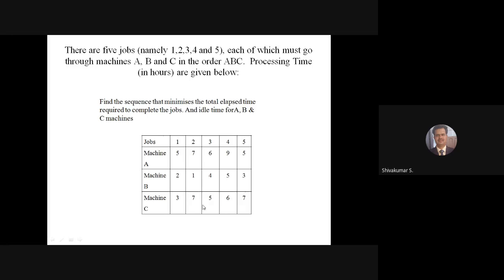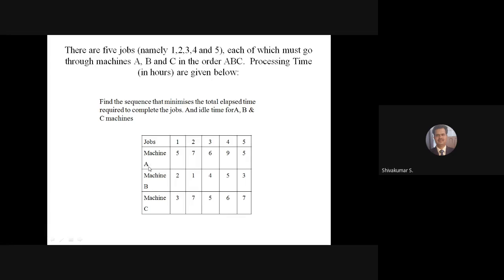Or else minimum of machine C should be greater than or equal to maximum of machine B. But here minimum 3 is there on machine C, so that condition won't match. But I told that any one condition, either minimum of A should be greater than or equal to maximum of B, or minimum of C should be greater than or equal to maximum of B. So one condition is met, that is the minimum of A is equal to maximum of B. So you can convert this into two machines.